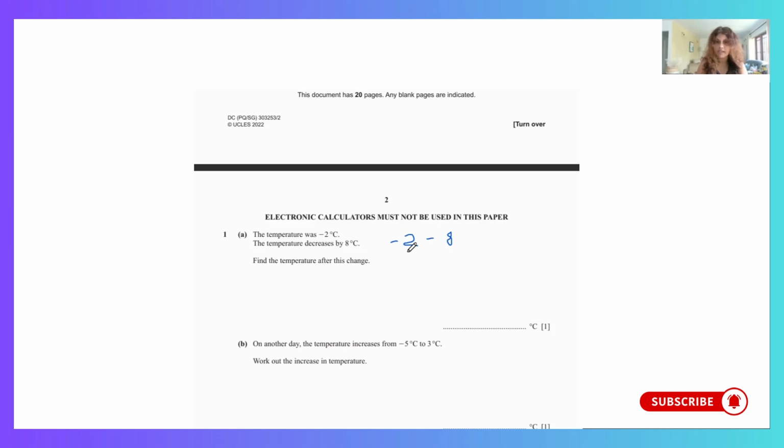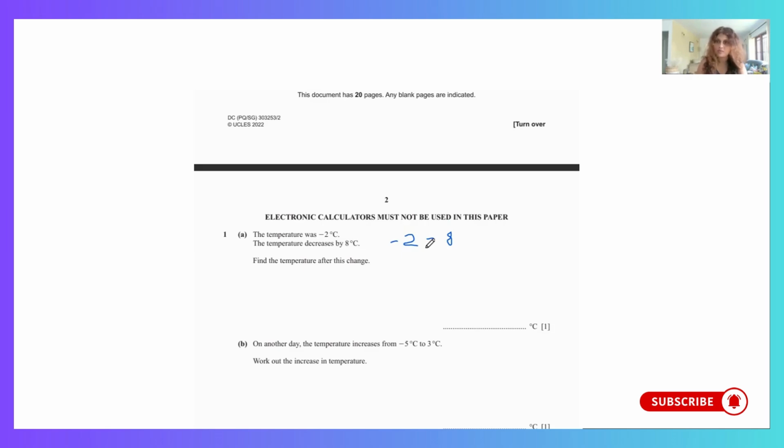You can think we have minus 2 and we got another minus 8. Just take minus as something, like oranges. It's like we have 2 oranges and we got another 8 oranges.